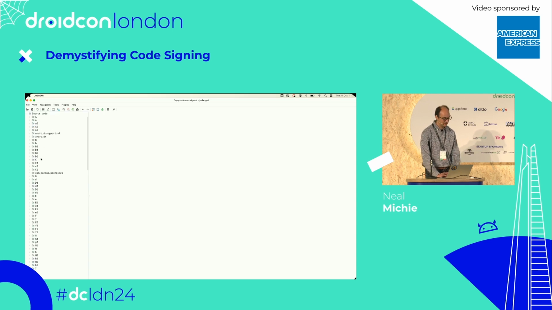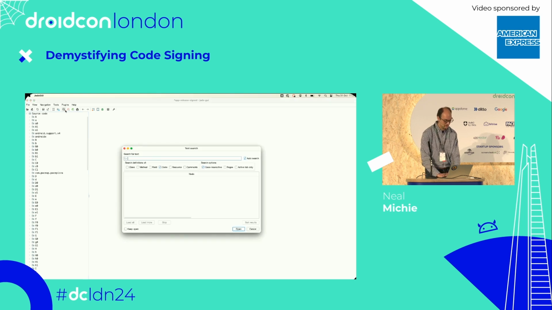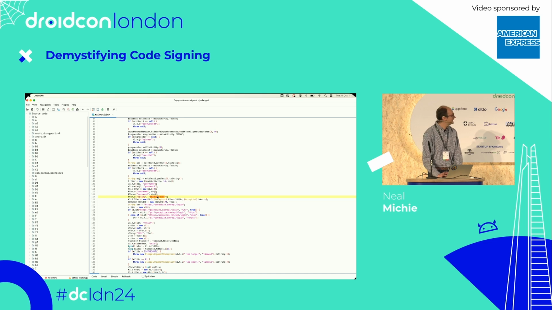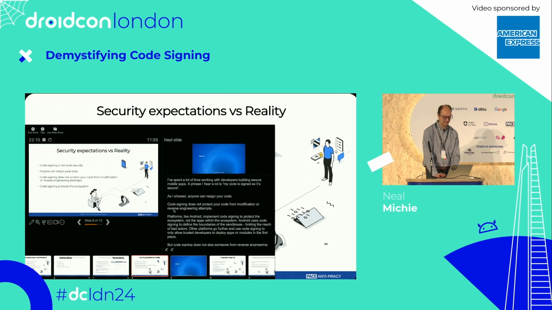We've minified it with R8, but still, if we wanted to very quickly search for something secret that we maybe wouldn't want to be revealed, like an API key, bang. There we go. Very quickly, we've found a secret within the code. It's related to usernames, passwords. There's an API key. There's even a URL for a login. So we're finding things in the app that would allow us to then talk to and attack the back end. And this is a signed app, so the code signing is not protecting our code.